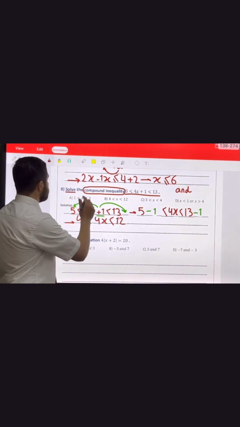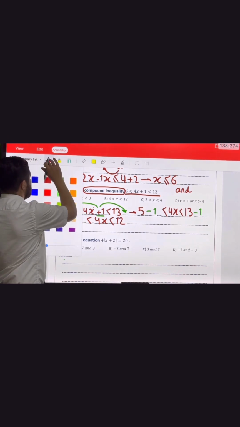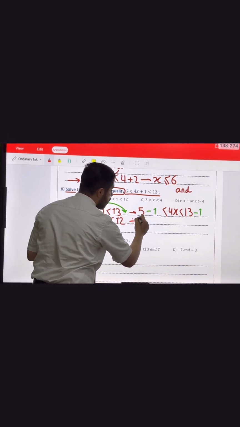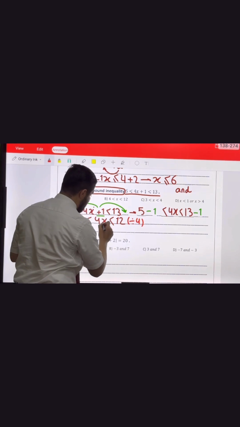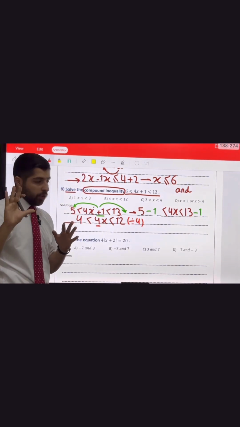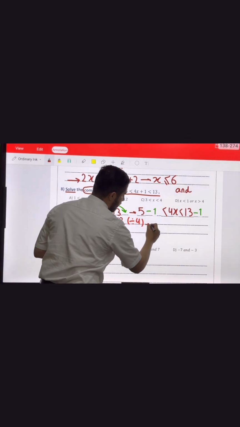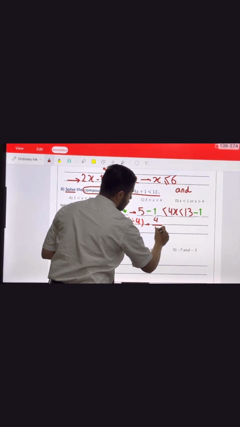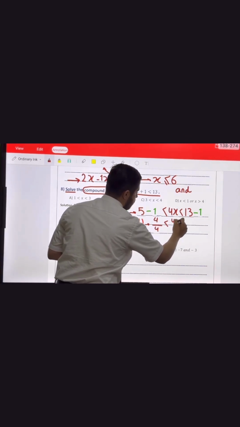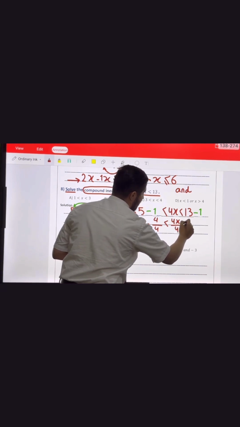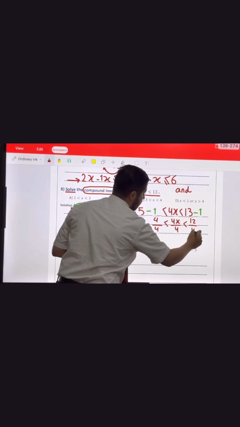Okay? So what I'm going to do, I'm going to divide all of them by 4, because the number that I'm trying to remove is 4. So you go here, you're going to write 4 over 4 less than 4x over 4 less than 12 over 4, okay?